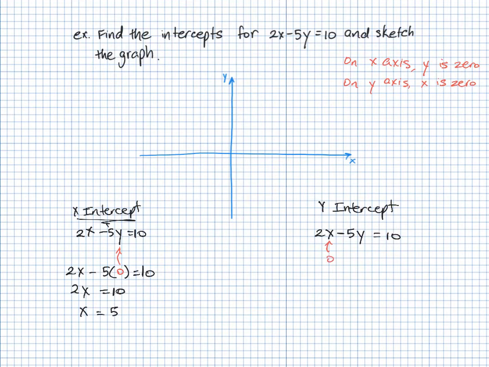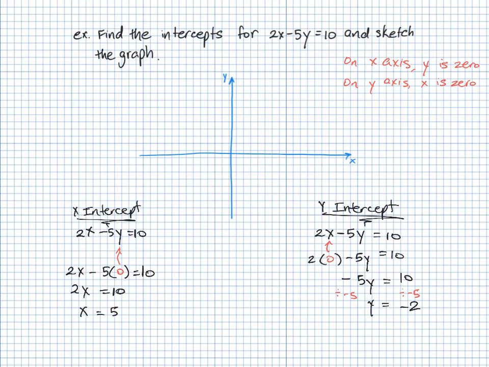And so we have here 2 times 0 minus 5y is equal to 10. So we get that negative 5y is equal to 10, which means that y is equal to, if we divide both sides by negative 5, we get that y is equal to negative 2. And that is our y-intercept.